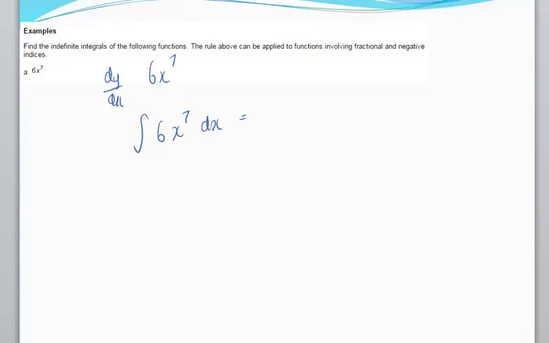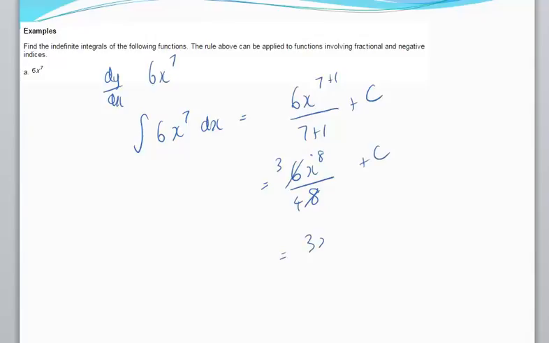So we have 6x, and we're going 7 plus 1, dividing by 7 plus 1 plus our constant c. So we have 6x to the power of 8 divided by 8. We can simplify 3 and 4. We keep our c. Here it's 3x to the power of 8 on 4 plus our constant c.